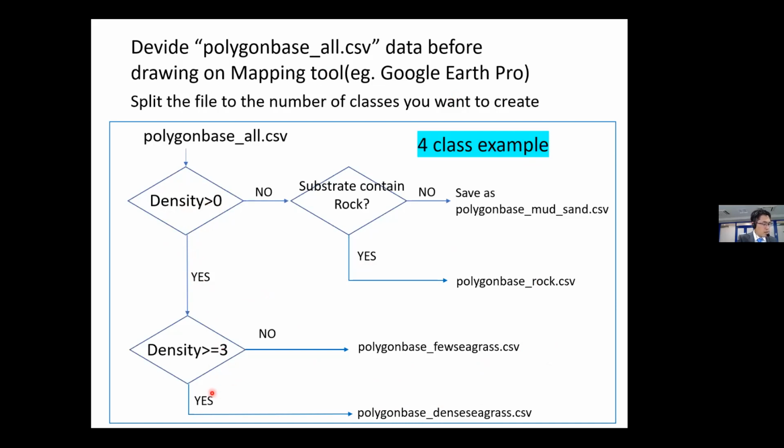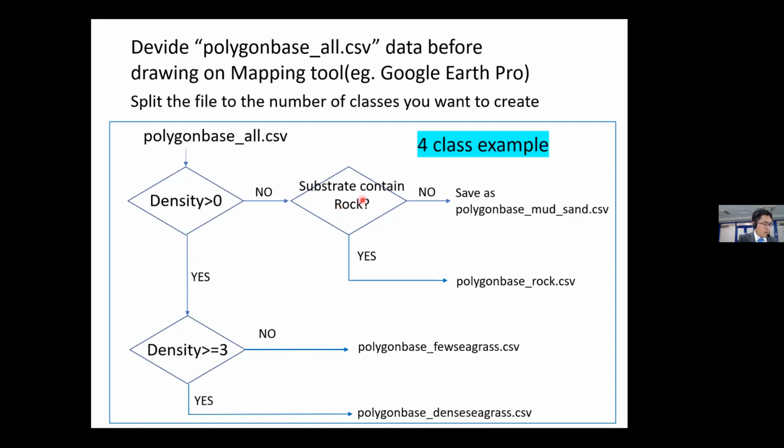For dense seagrass data, I named it polygonbase_dense_seagrass.csv. For sparse seagrass data, I named it polygonbase_few_seagrass.csv. Next is the case where there is no seagrass.